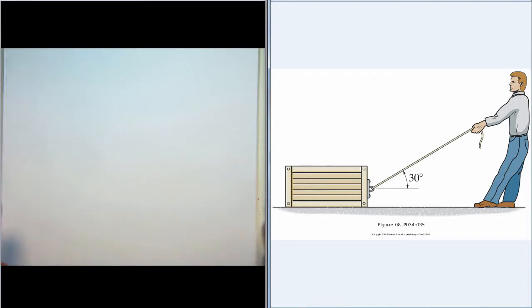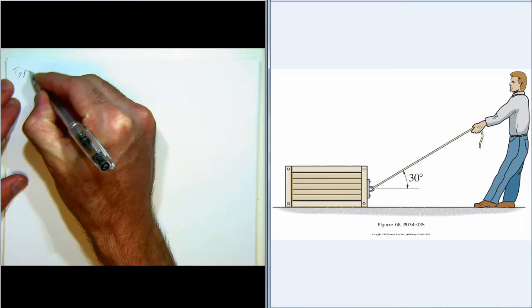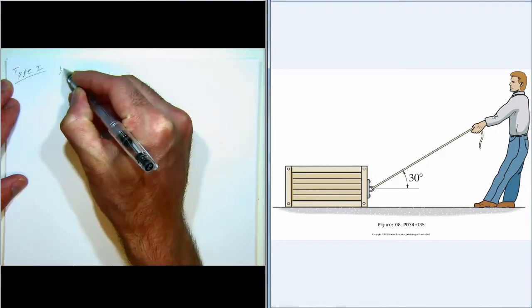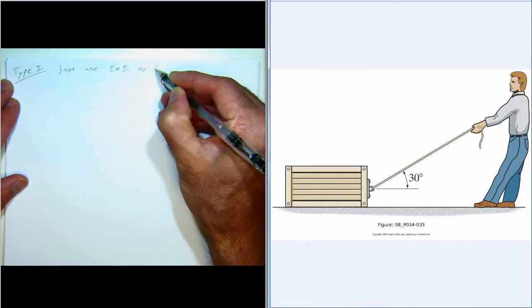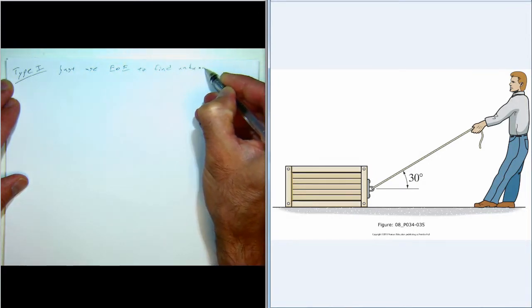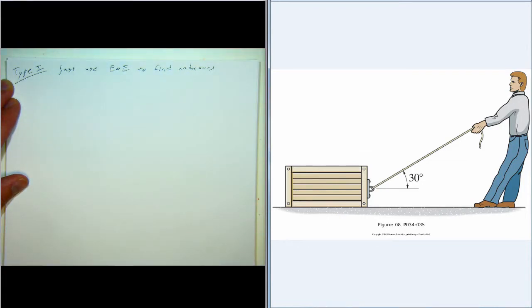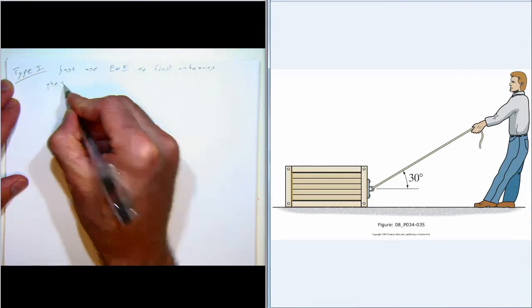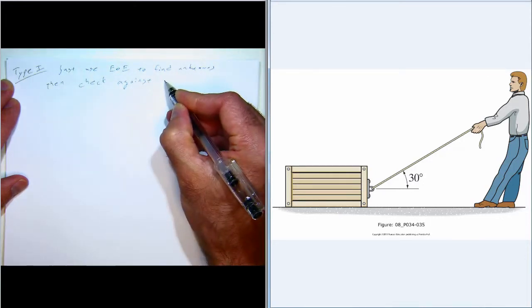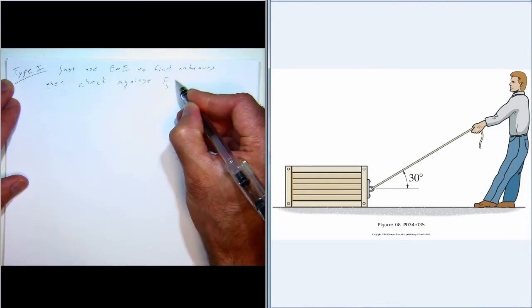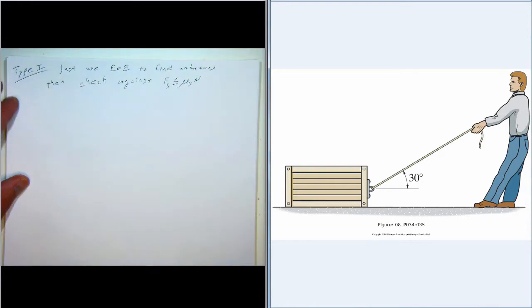So this is case 1, where we're just going to use the equations of equilibrium, or type 1. So you just use the equations of equilibrium to find the unknowns, and then you go back and check to make sure that your frictional force is less than the maximum value possible.